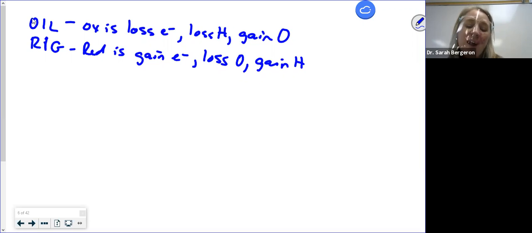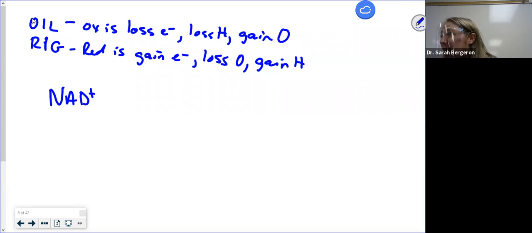Okay, so what happens in our molecules? We have NAD plus. NAD plus is going to pick up electrons from our substrates, so they're actually going to give up hydrogen atoms. Most of the time in all of these oxidation reduction reactions, you're going to hear the word dehydrogenase.